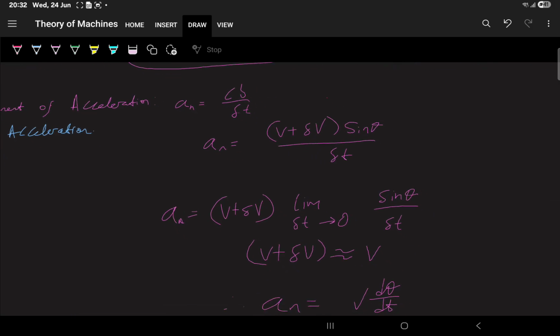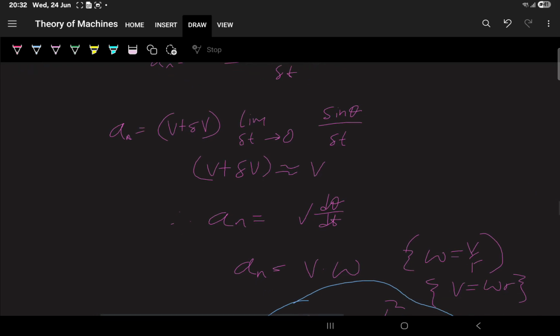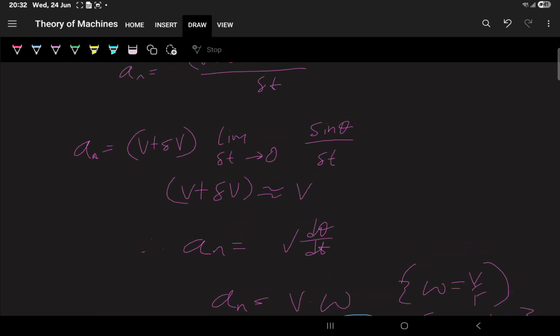Again, acceleration is change in velocity divided by change in time. So this is what we simplified out right here. Again, taking limits. V plus change in V is considered a constant right here because the limit we're taking is as t approaches 0.